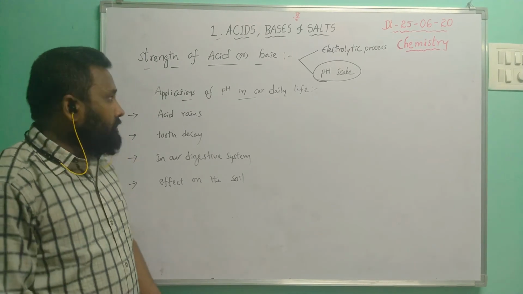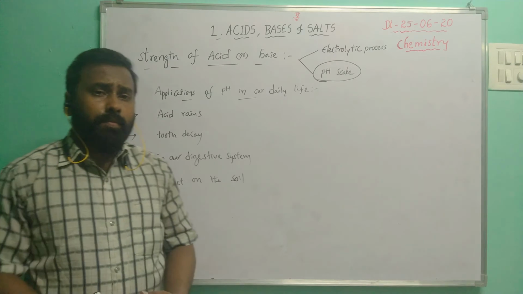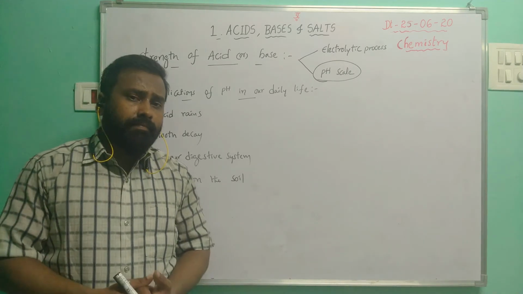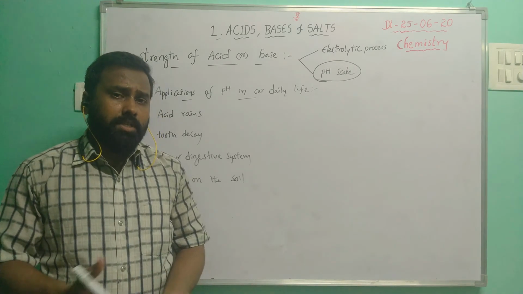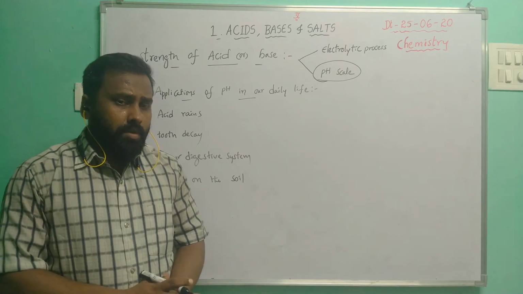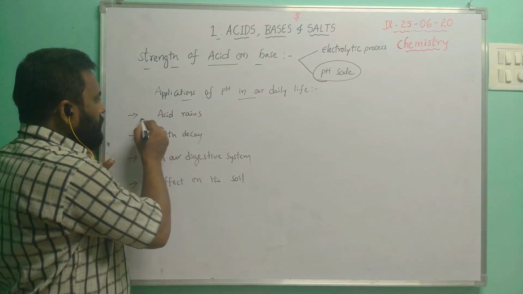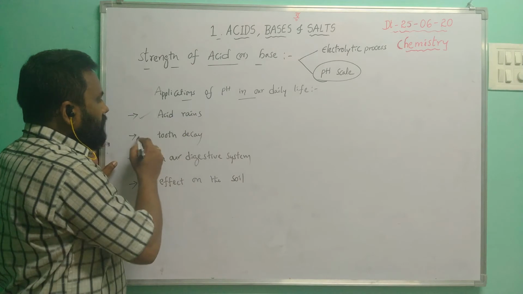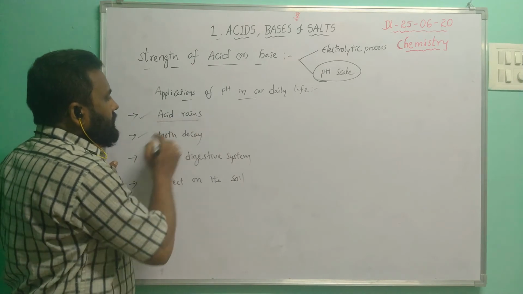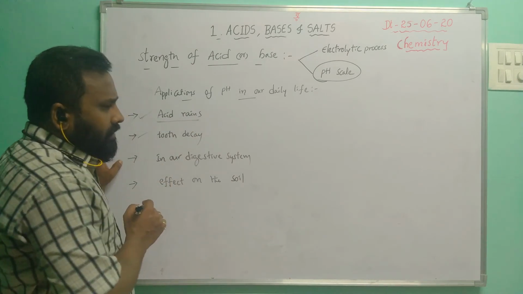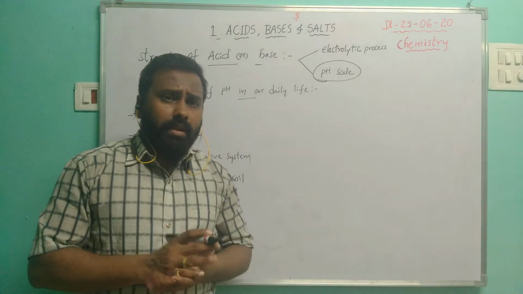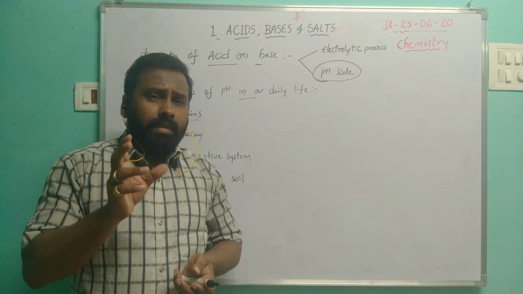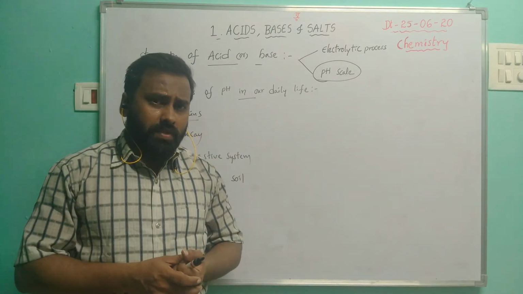My dear students, now we discuss applications of pH in our day-to-day life, the importance of pH in our daily life. Mainly four we have discussed here. Acid rains. Living organisms can survive only in a narrow range of pH change.